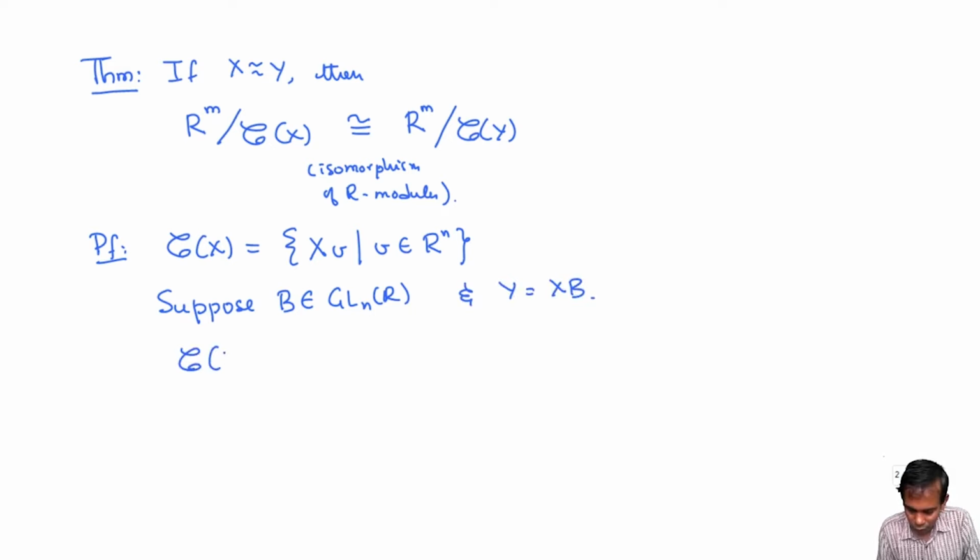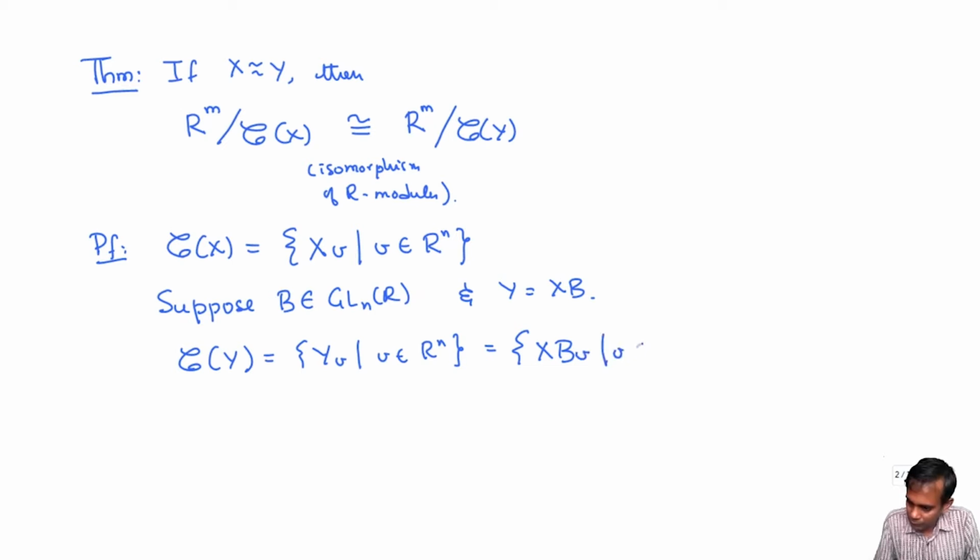Then the column space of Y is YV, v in R^n, but that is XBv, where v belongs to R^n. But I can think of this Bv itself as a vector in R^n, so this is contained in the column space of X. And since B belongs to GL_n(R), B has an inverse.